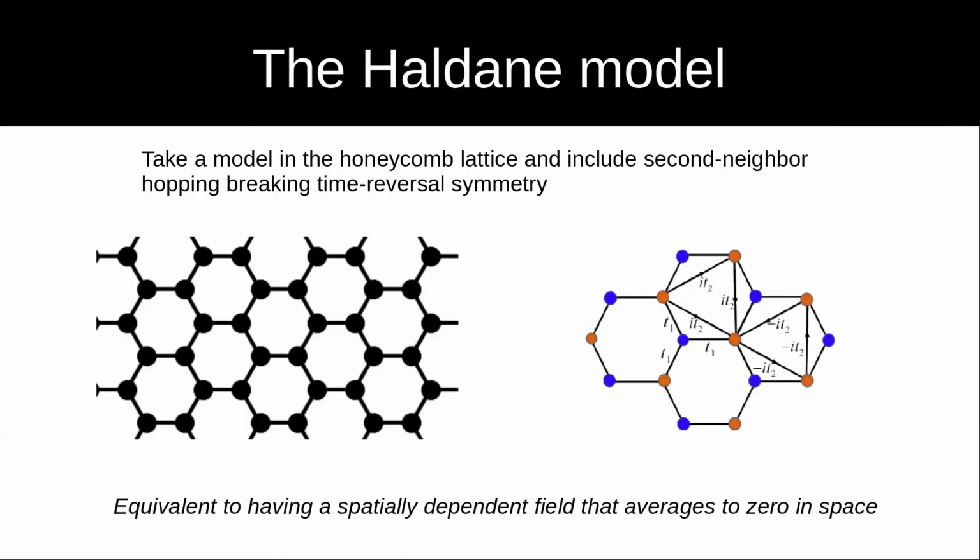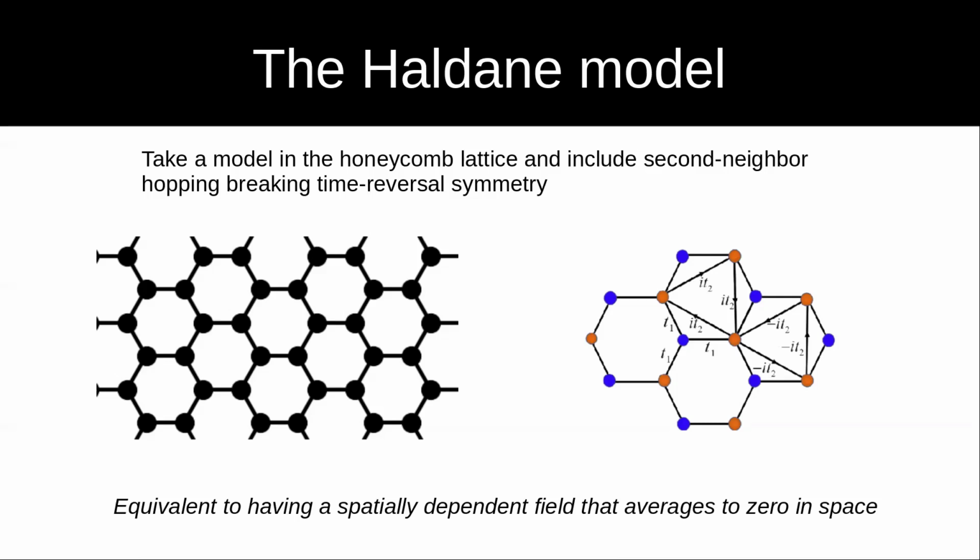There are, of course, many models that have this property, but maybe one of the most popular ones is the so-called Haldane model. So the idea is that you start with a honeycomb lattice. You effectively have just sites on a honeycomb lattice, and you include both first and second neighbor hopping. And the second neighbor hoppings are chosen so that they are imaginary, and in particular, they break time-reversal symmetry.